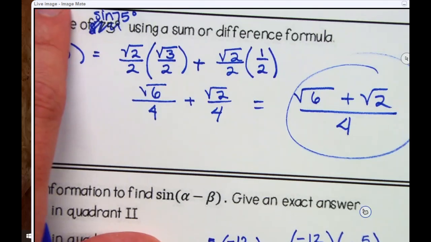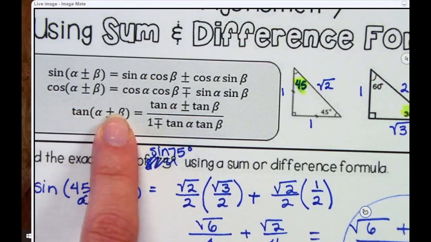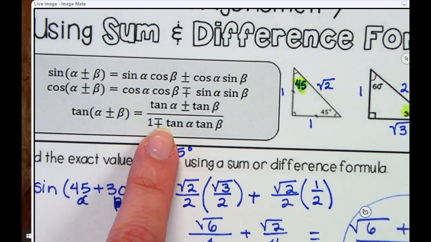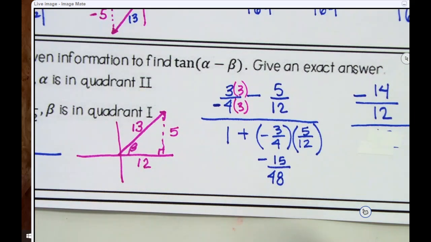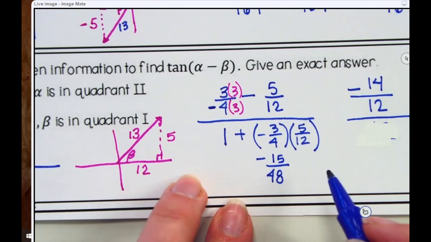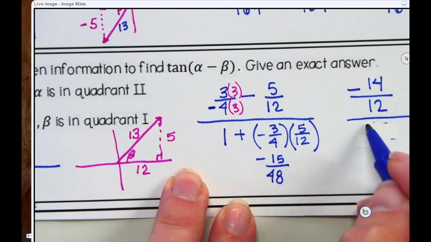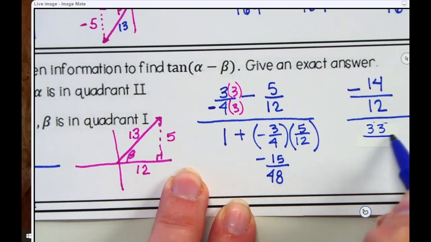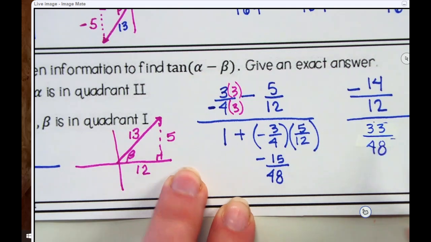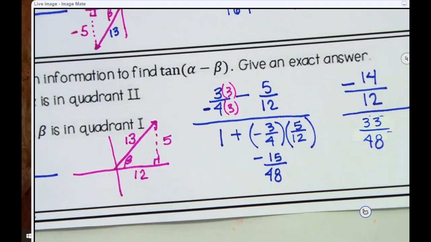So back to our formula. Because it was minus, we use the bottom sign. We add. All right, so it's negative 15/48, which puts me at 33/48. How do we divide by a fraction?